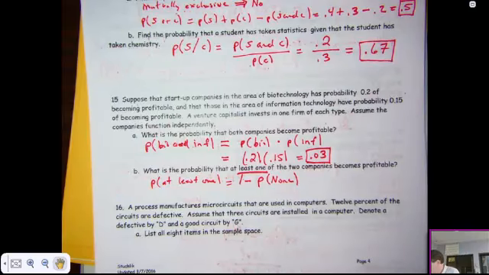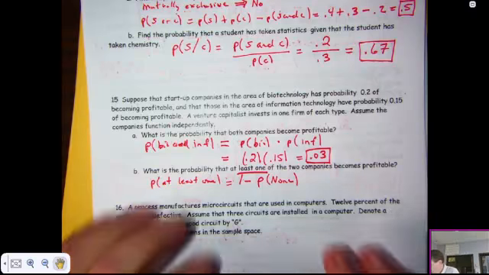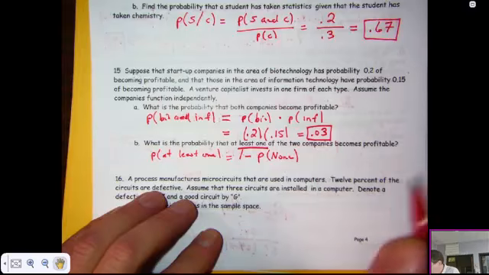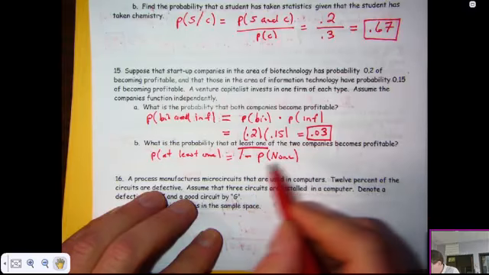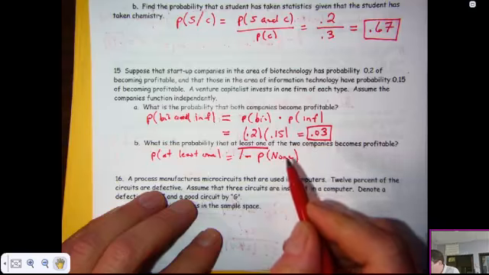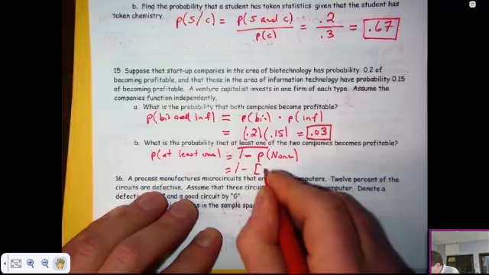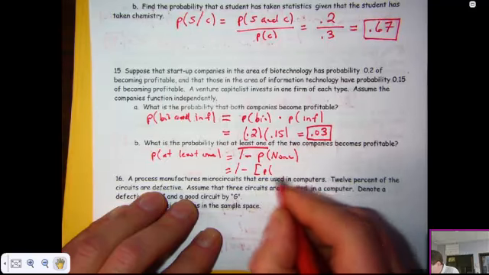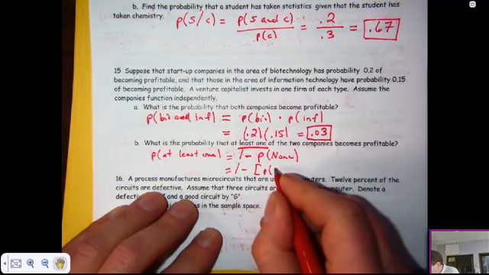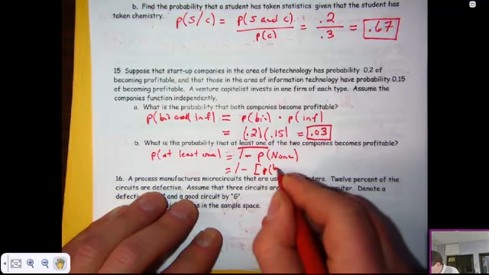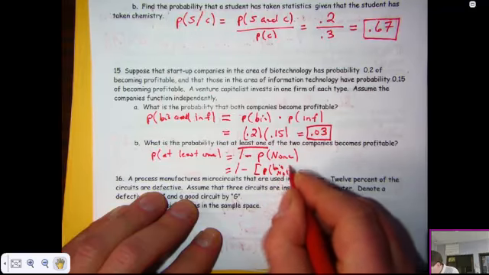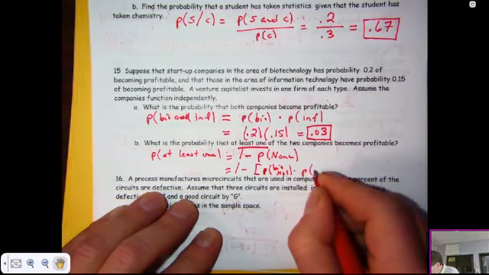Okay, so how am I going to find the probability that none of them are profitable? Right, none would be the probability of the bio not being profitable times the probability that the information one is not profitable.